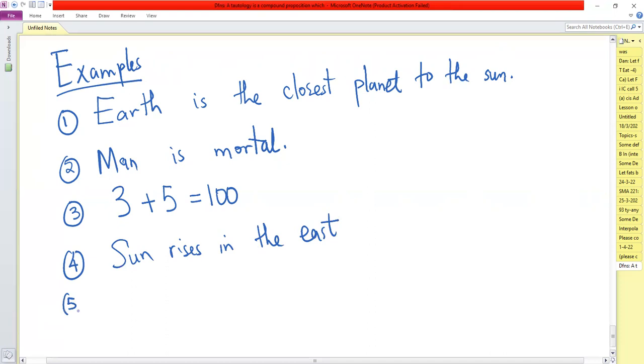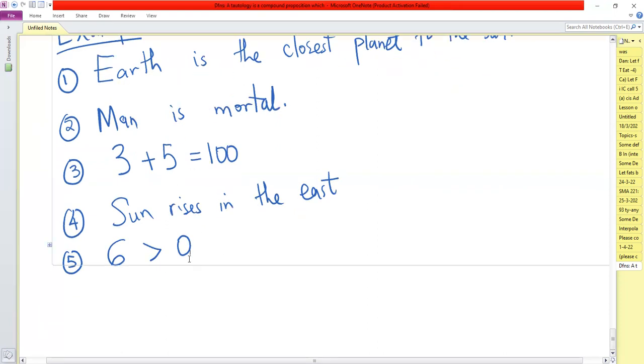Number five, 6 is greater than 0. Number 6, 16 is an odd number.